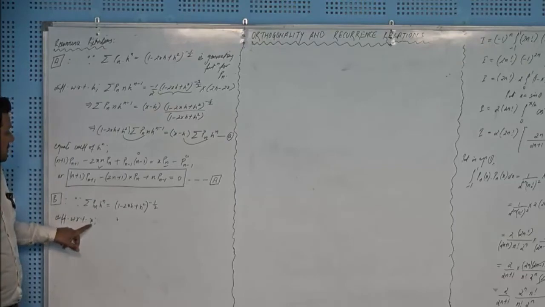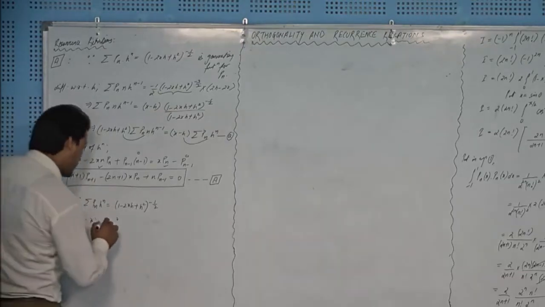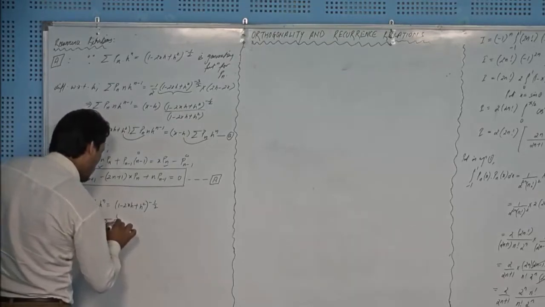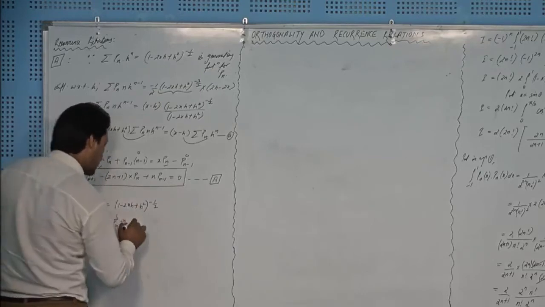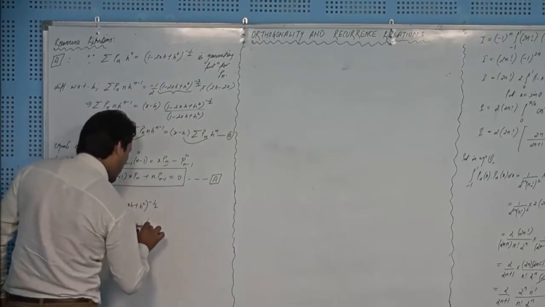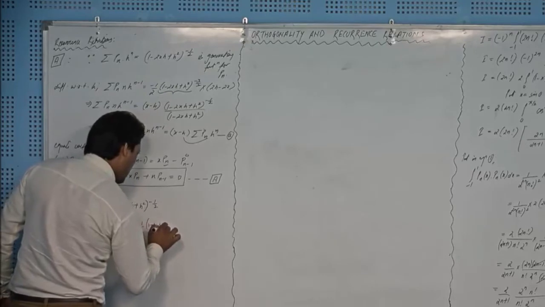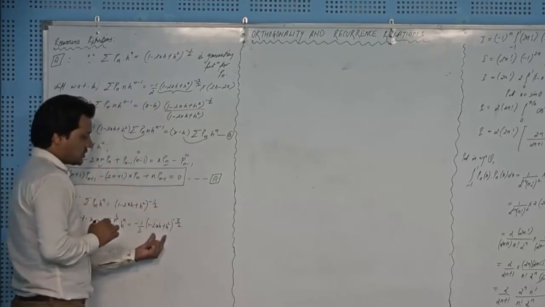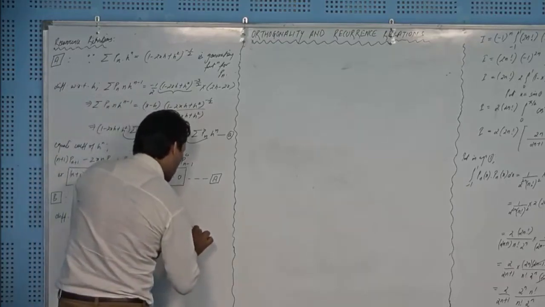So when you differentiate with respect to x, this will become Pn dash of x. It will give you summation Pn dash h to the power n, and on differentiating the right side you will get minus half (1 - 2xh + h^2) to the power minus 3 by 2, and for this you will have minus 2h in the multiplication, right?